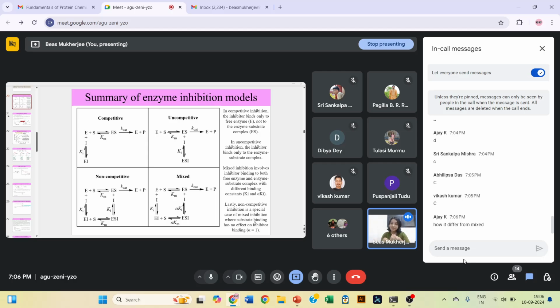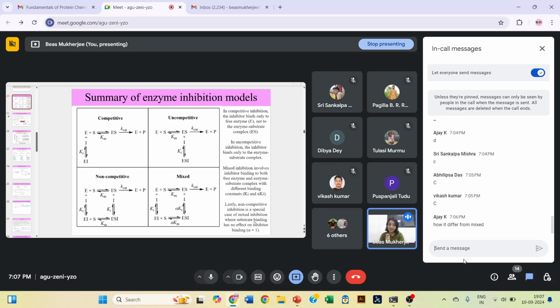Mixed inhibition and non-competitive inhibition are similar. Non-competitive inhibition is a special case of mixed inhibition. The only difference is that in non-competitive inhibition, substrate binding has no effect on inhibitor binding. So you can see that it is Ki in both cases. Whether the inhibitor is binding to free enzyme or to the enzyme substrate complex, it remains Ki.